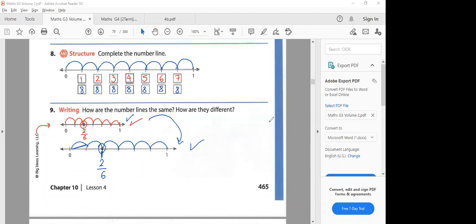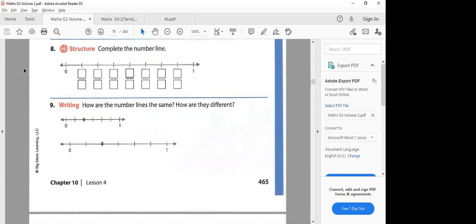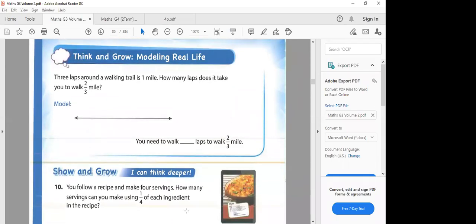So now let's ask Ahmad Shinawi. Ahmad, how are you? I'm fine. Yeah, Ahmad, here we have a story problem. It says that we have 3 laps around a walking trail that is 1 mile.